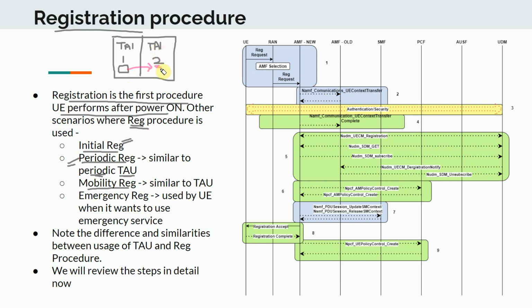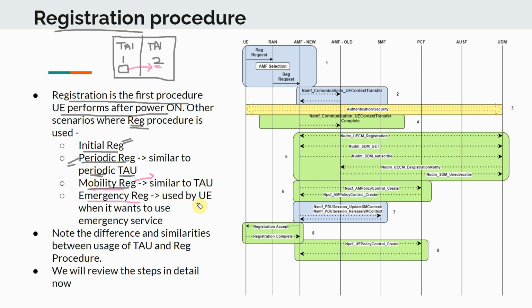Now, the other scenario is where the subscriber moves into a tracking area indicator identified by the value 2. Here it has to perform a mobility registration process, and the cause will be the change in tracking area because it has moved from 1 to 2. Then the other scenario where a registration process will happen is emergency registration.